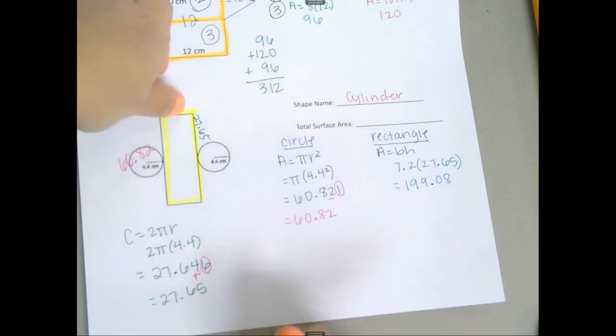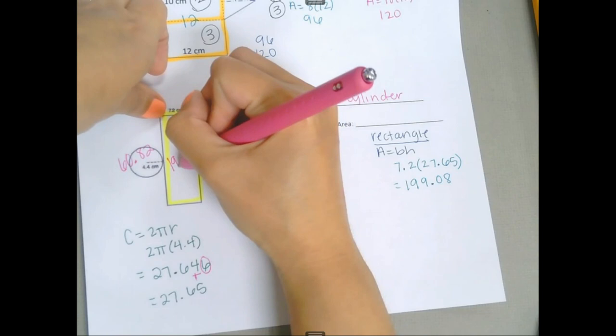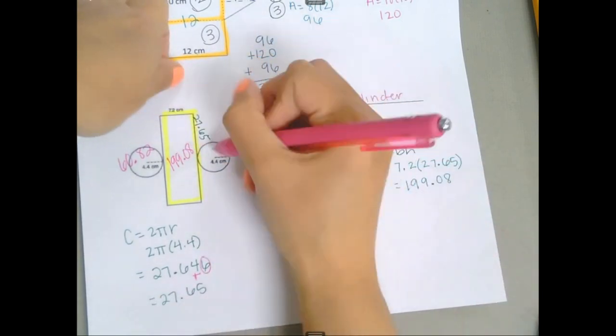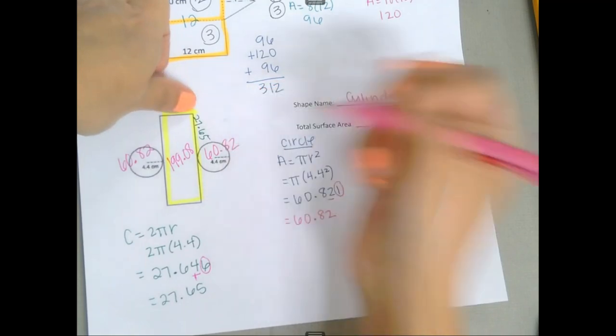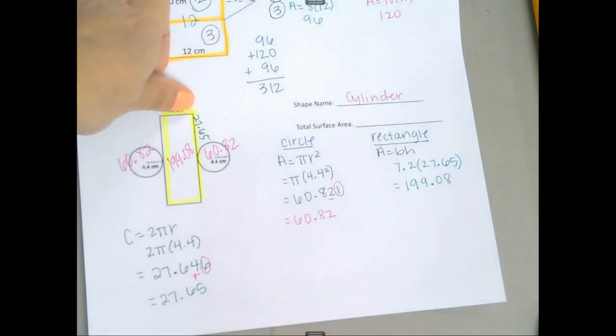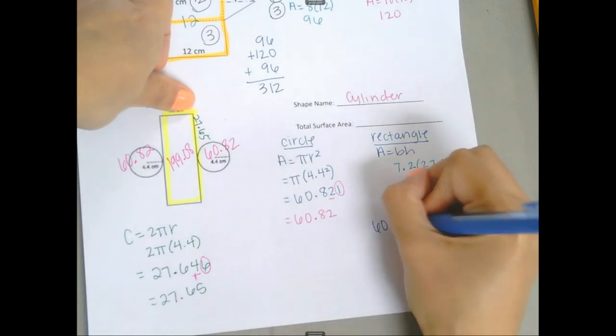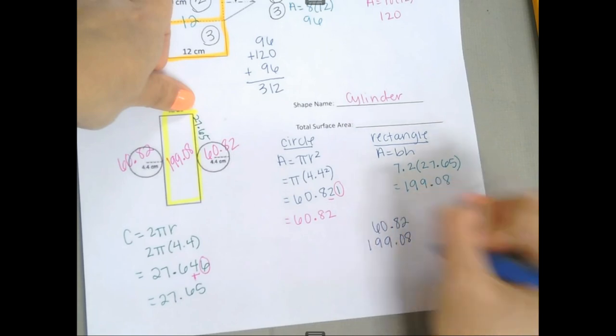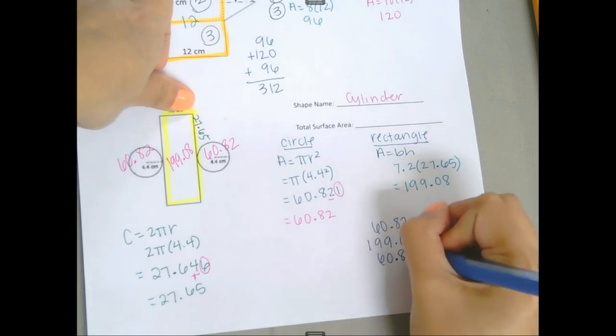Okay, so for my total surface area, my area of this circle is 60.82. My rectangle is 199.08. And my other circle we found was 60.82. So those three numbers are what I'm going to add up to get my total surface area. 60.82 plus 199.08 plus 60.82.